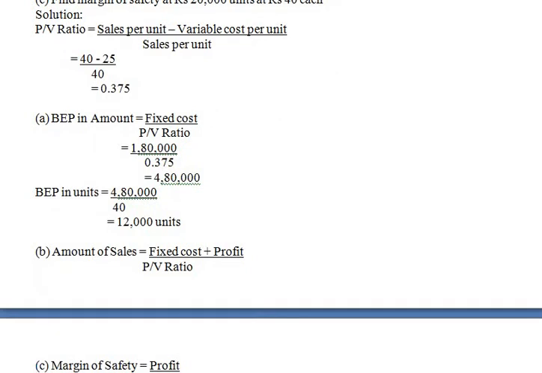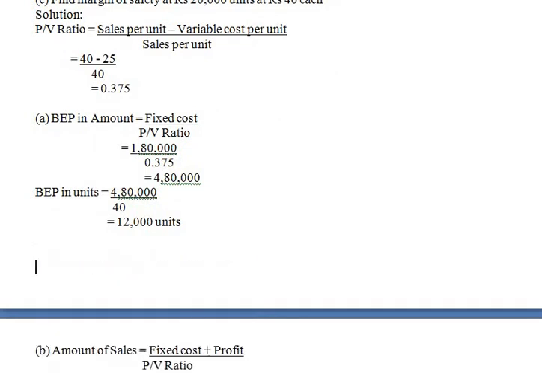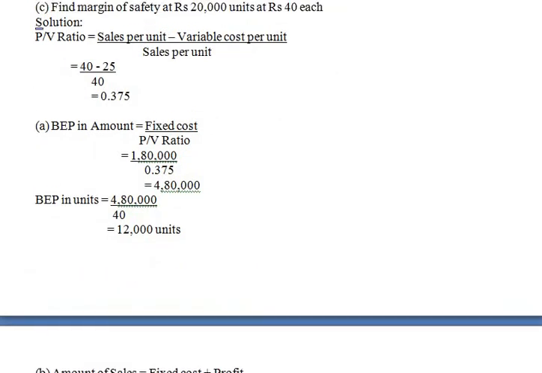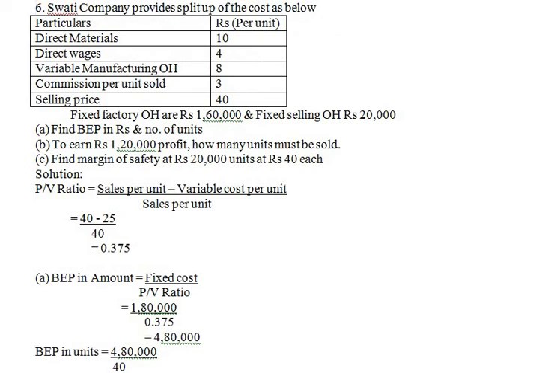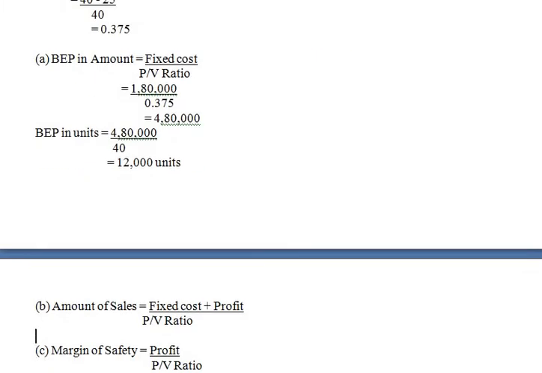Next we are going to find out, read second point what they have given. To earn rupees 1,20,000 profit, how many units must be sold? Okay, so to earn 1,20,000 profit, how many units are sold, that we need to find out.